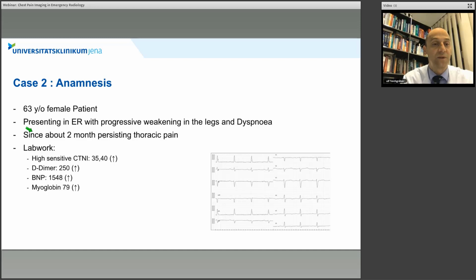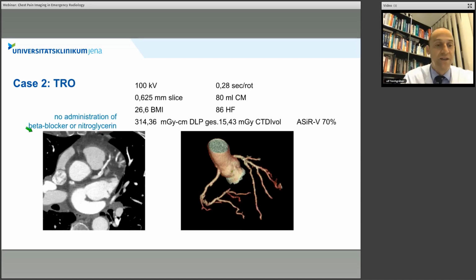The D-dimers were elevated, and myoglobin was also elevated. In this patient, we also decided on doing the triple rule out protocol the same way, with no administration of beta blocker and nitroglycerin.